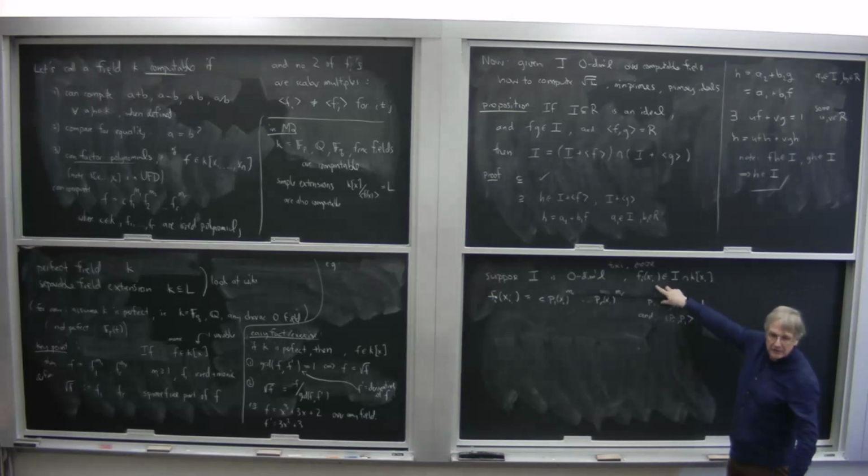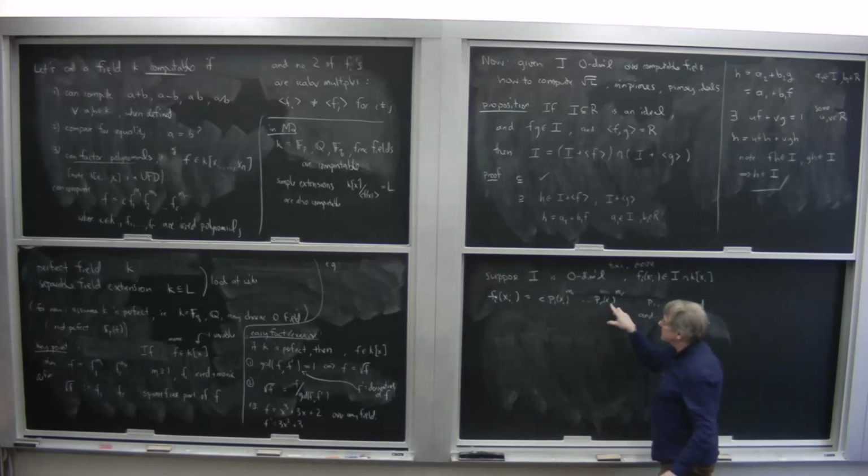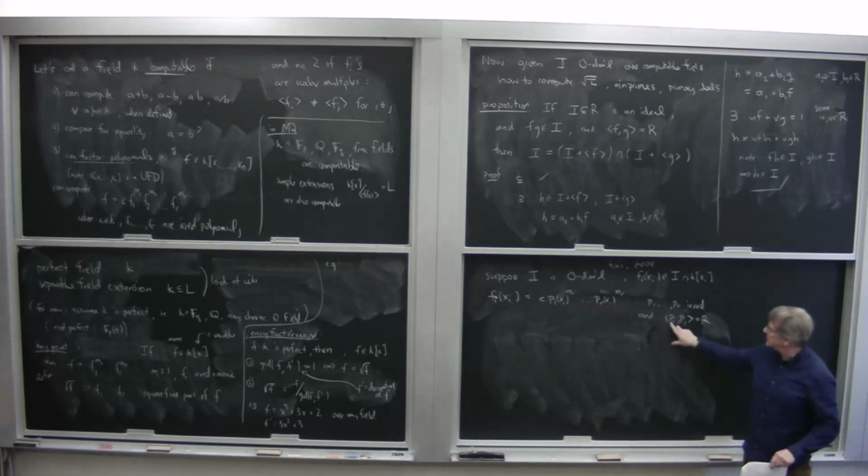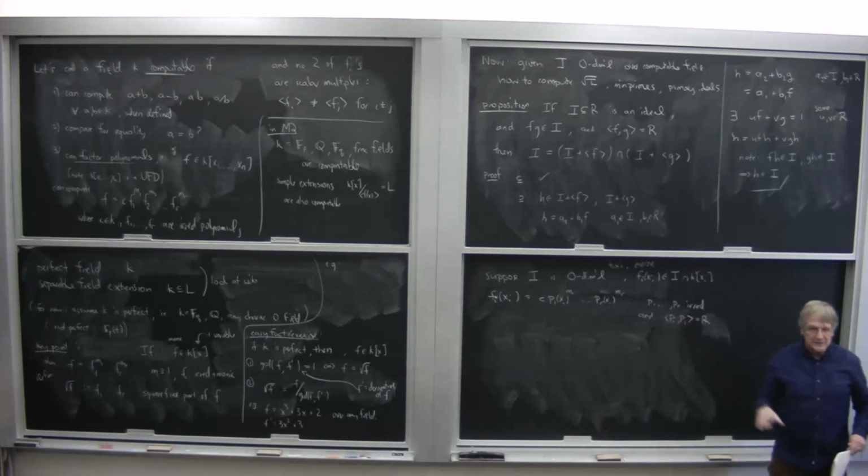In any case, it doesn't matter. I take an element in here and I can factor it, so that the sum of two of these is R. That's sort of the GCD equal to 1. In the univariate case it is the Bezout identity, which says that there exist U and V such that U times this plus V times this is 1.